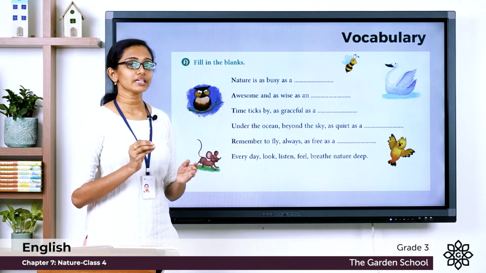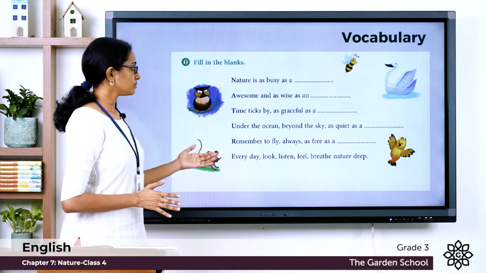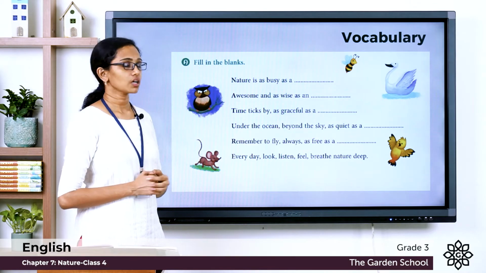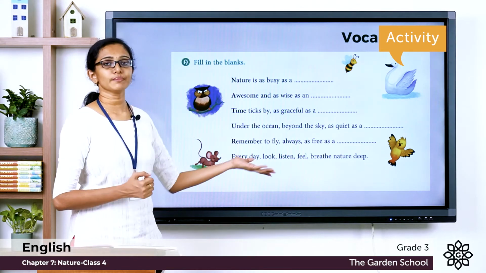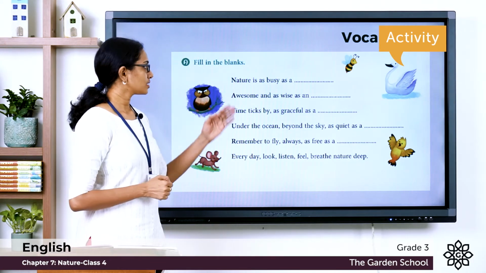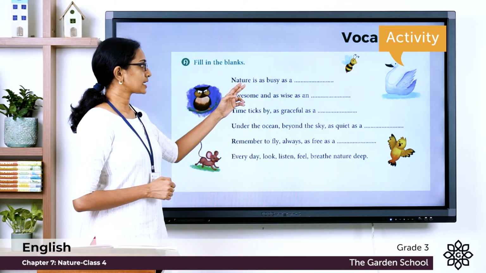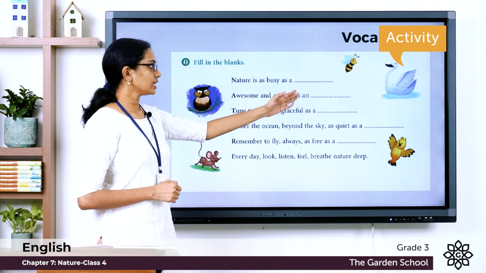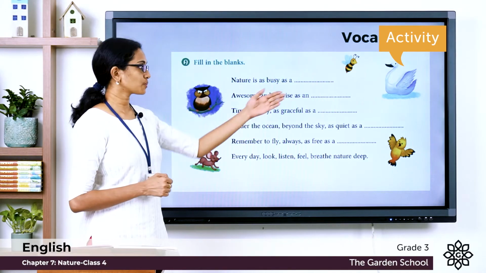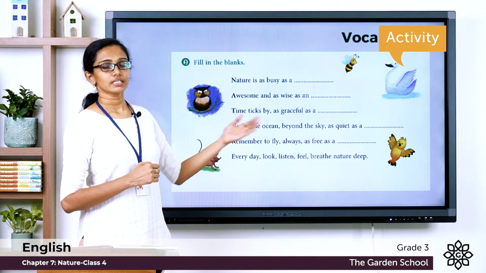You have to choose the correct word from the pictures given here to complete these sentences to make them similes. For example, the first one, nature is as busy as a bee.